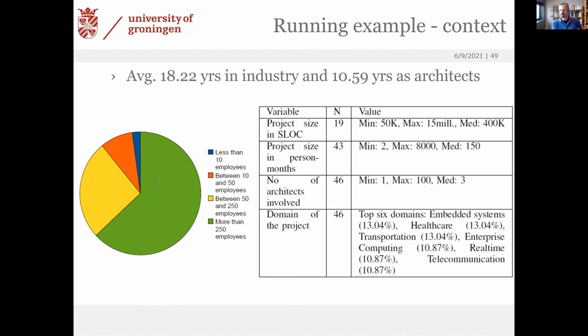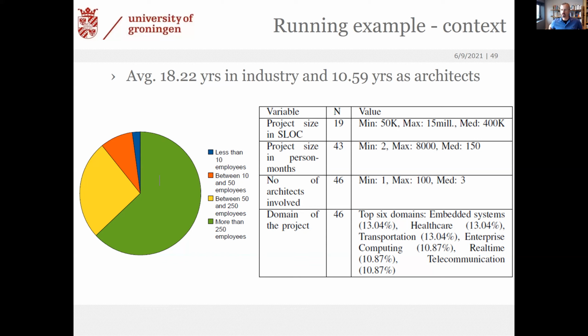What was the context in our case? So we asked people about their experience, about the project, about the organization, and our sample had an average of 18 years in industry and about more than 10 years experience as architects, which is pretty much what we were hoping for. In the pie chart, you see the organization size.